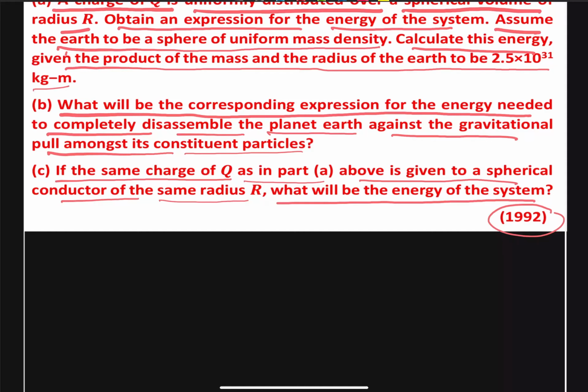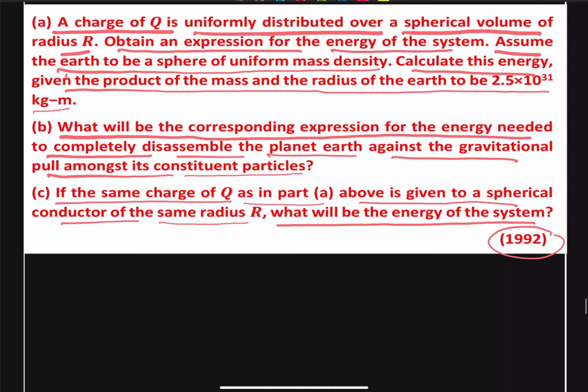So we start with part A, and we need to find out the energy of the system.